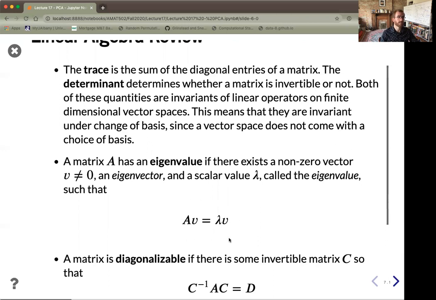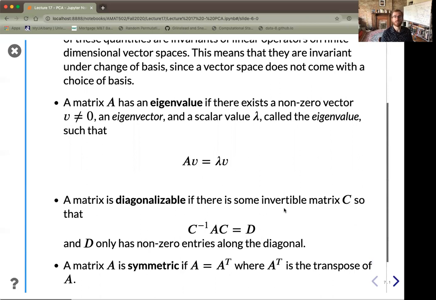If you have something like this equation holding true, then what we say is that, assuming v is a non-zero vector, this is an eigenvector with eigenvalue lambda. So that's what it means for a matrix to have an eigenvalue, and in particular, when it does have an eigenvalue, what is the associated eigenvector?